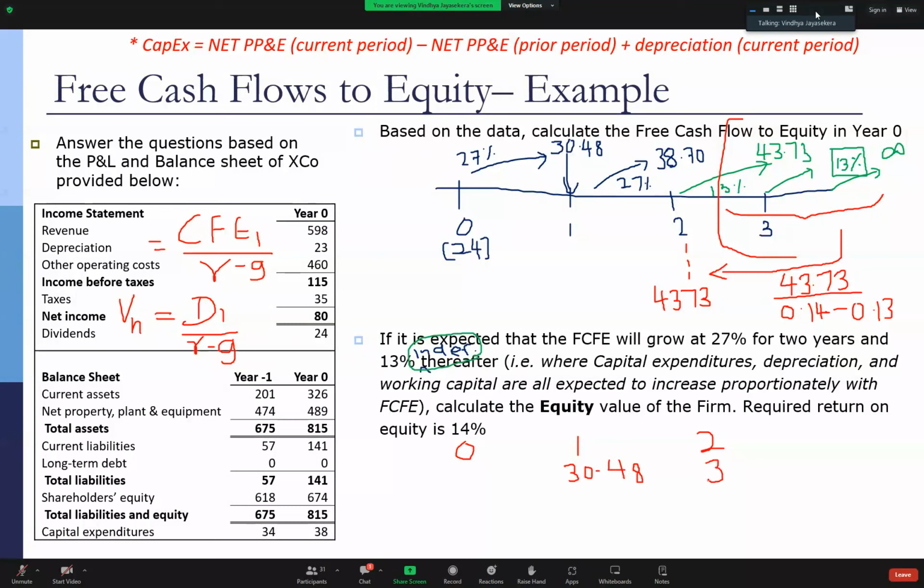Is that it though? And we have the terminal value. And the terminal value, yes. So how much is that? 4411, is it?